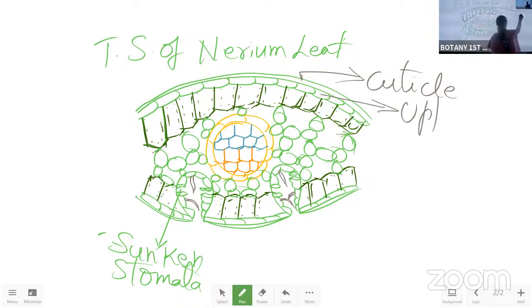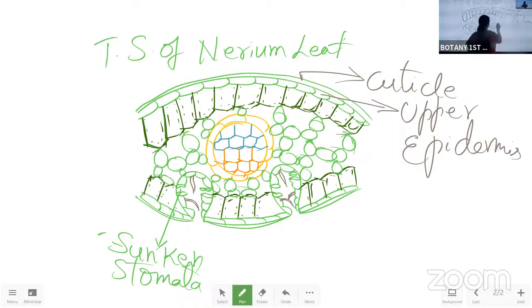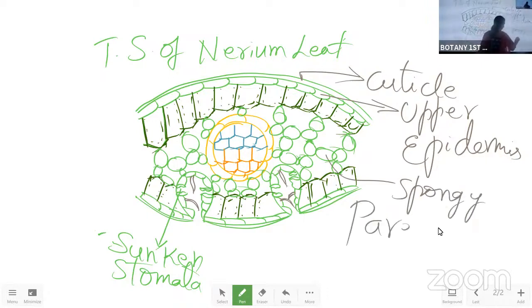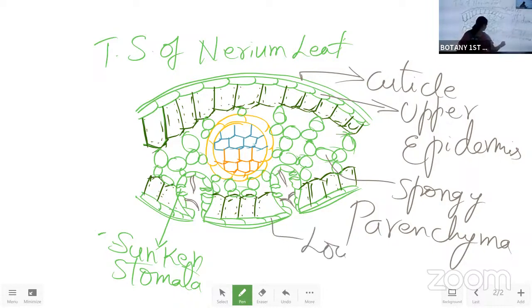Upper epidermis. Spongy parenchyma. And this is the lower epidermis.